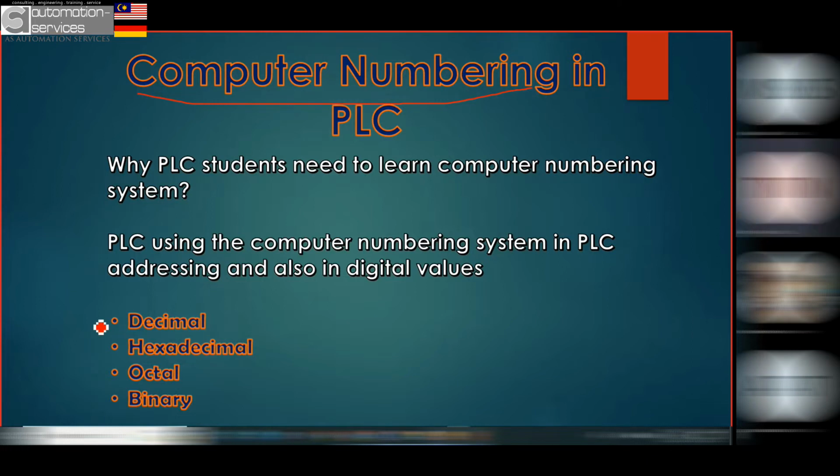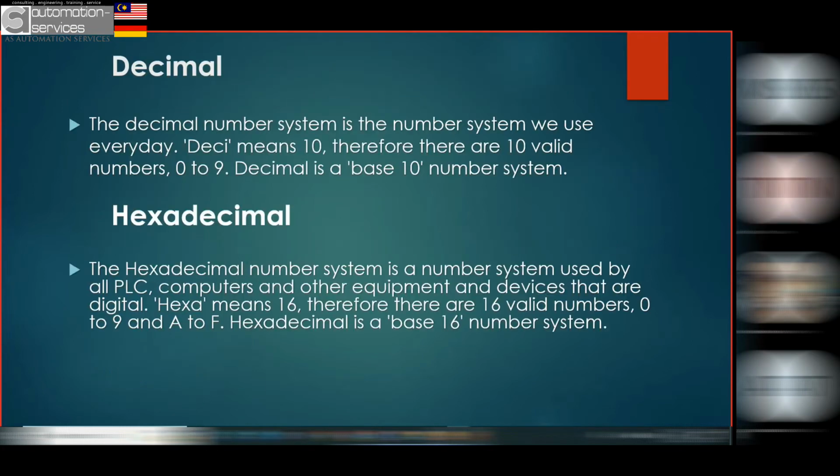So it must use computer numbering, like decimal, hexadecimal, octal, binary. Maybe decimal and hexadecimal you learned before, and maybe octal is new for you. So let's go through them first.